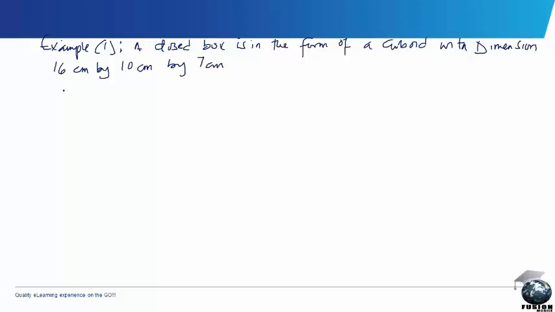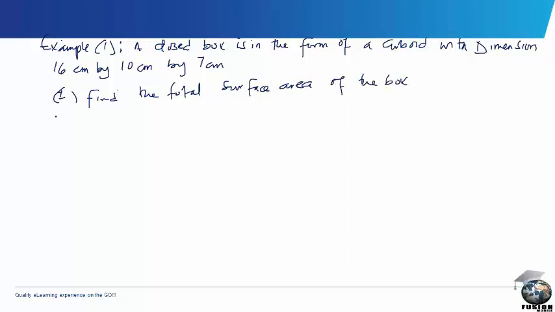Okay, and the question says A, find the total surface area of the box, and B, you should find the volume of the box.